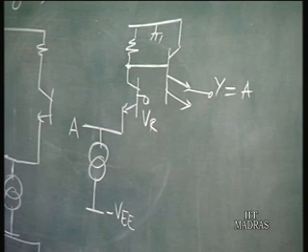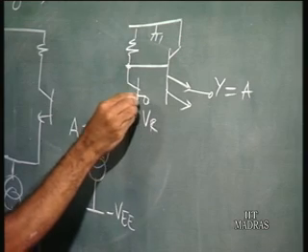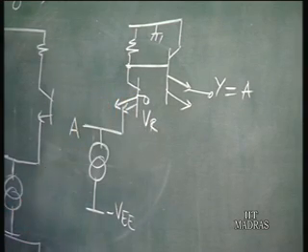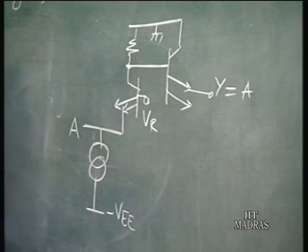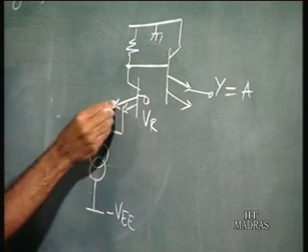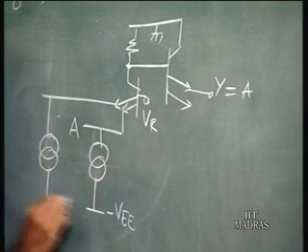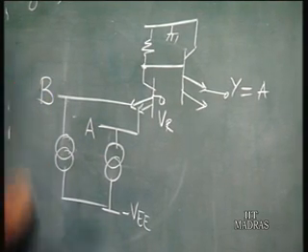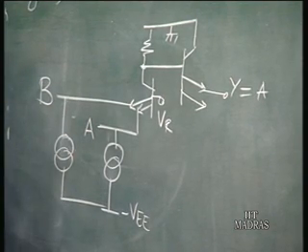We have not achieved anything as such. Now suppose I have this also as a multi-emitter transistor, and I put another input here, B. Then what is the logic there?